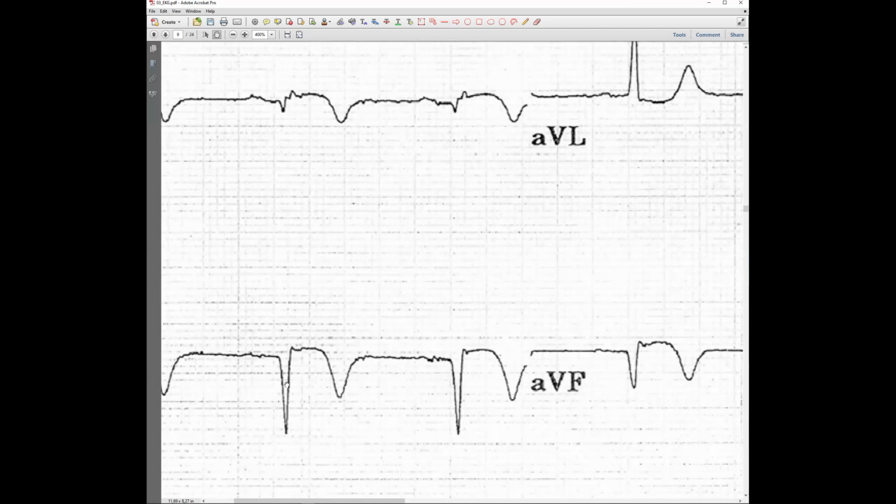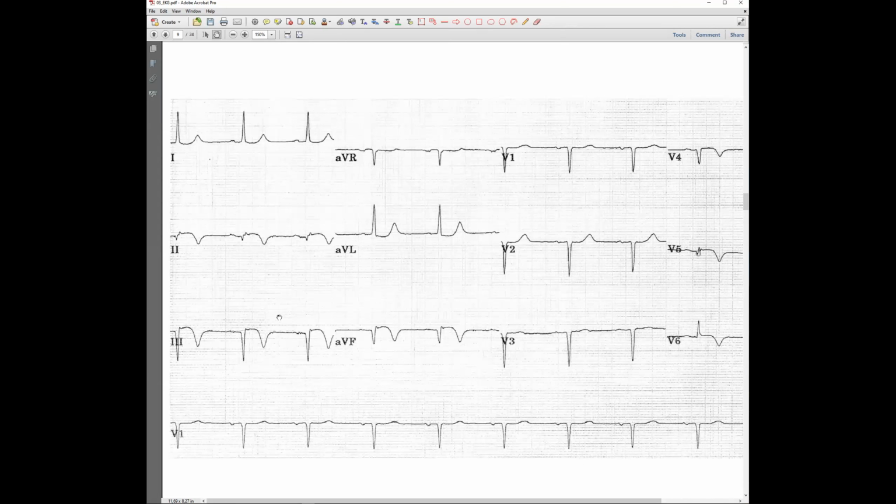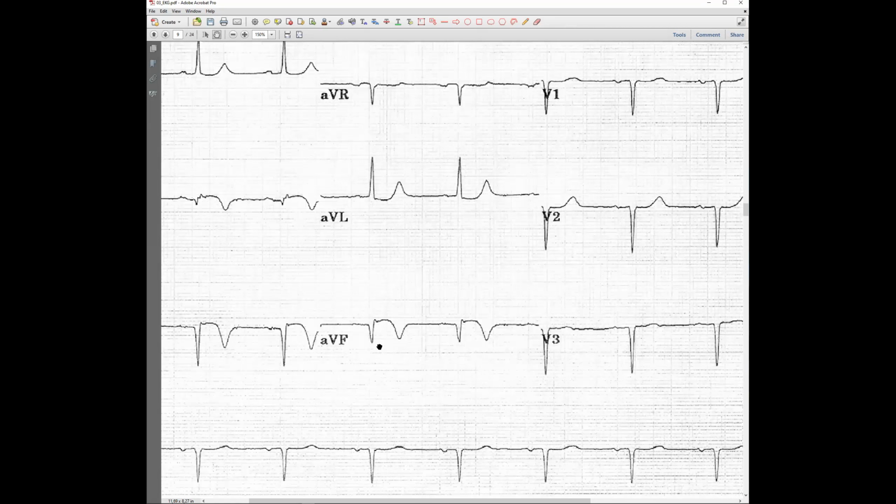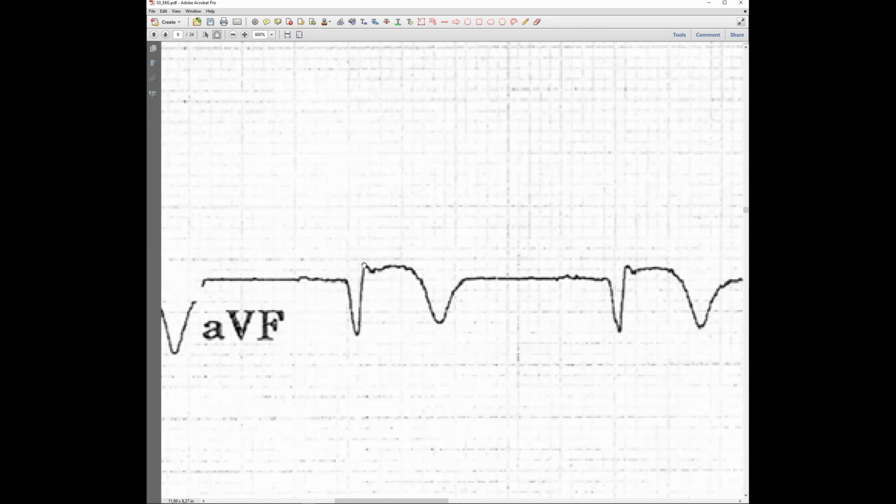This is the first negative wave. There is no initial R wave. The S wave is behind the first R wave. Because you don't have any R here, that should be a Q wave. You can see very nicely in AVF because that's an R. So this is a Q, okay?